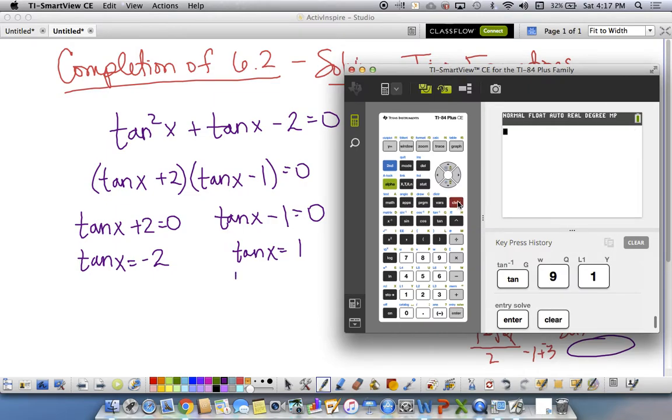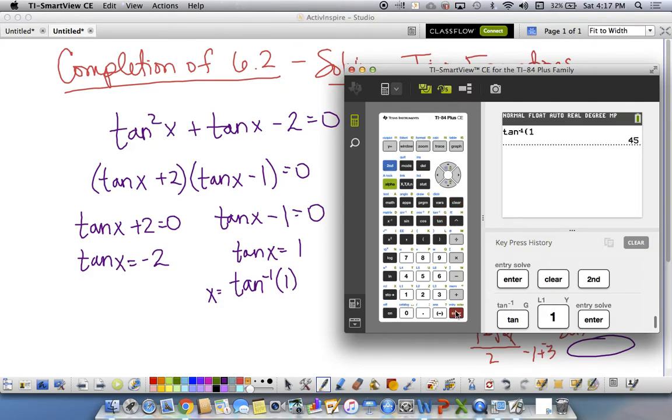I'm pretty sure I know what this one equals. So x equals tan inverse of 1. I'm in degree mode, I think. I get 45 degrees. And what did we say that answer was? It's our reference angle.